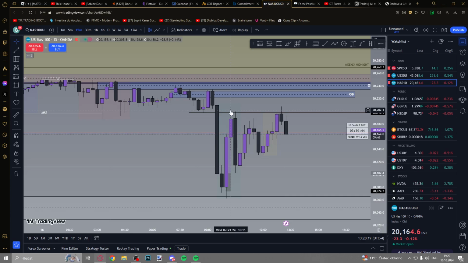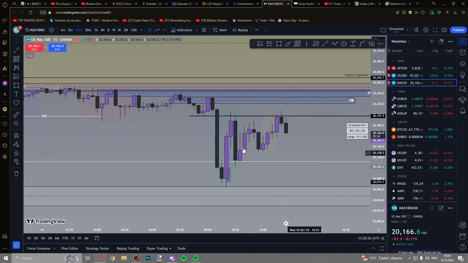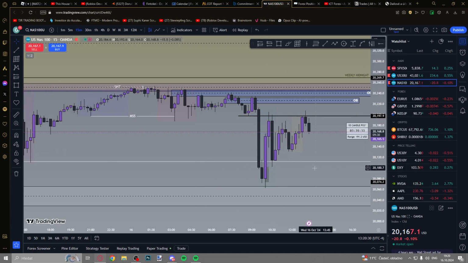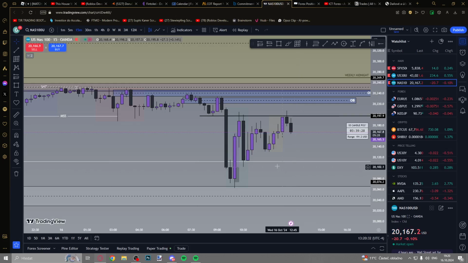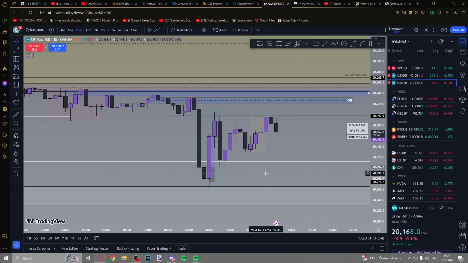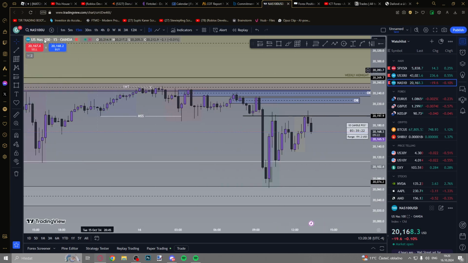It went up there, and then I expected a retracement, and it retraced into this fair value gap, right? The 15-minute fair value gap. Another reason why I didn't take this, and why you shouldn't take this, is because we have nothing to enter. There's no reason to enter here, right?